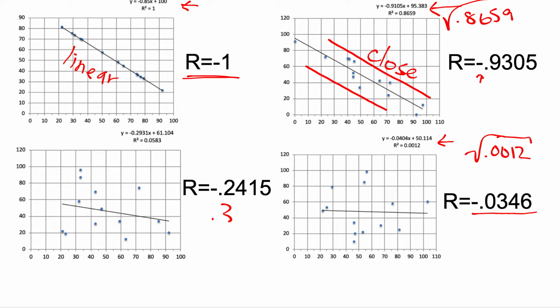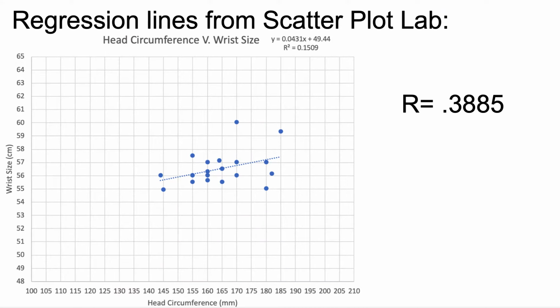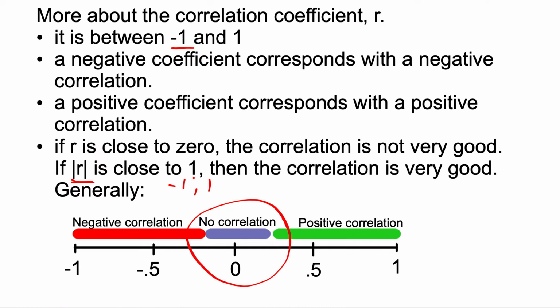It's just a little bit less than 0, negative 0.0346. And as you see, that's pretty much no correlation at all because of how close it is to 0. And this one, if it's below 0.3, it's generally poor enough that we would call it no correlation.